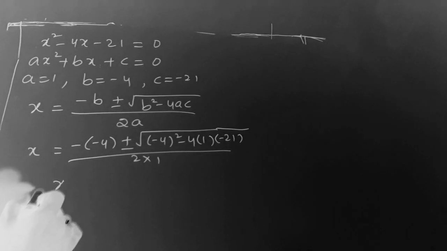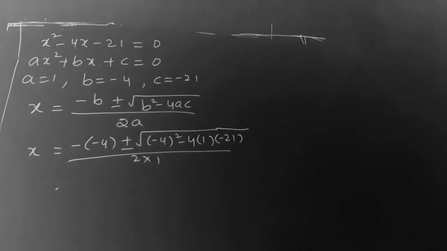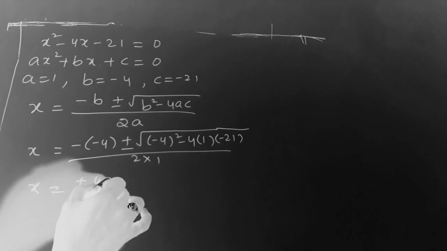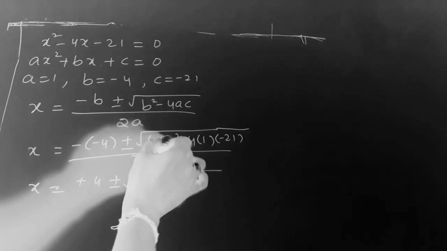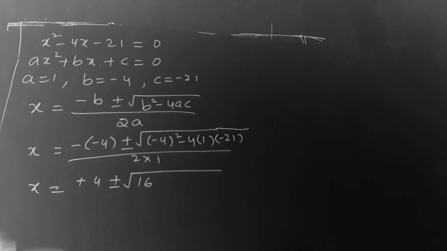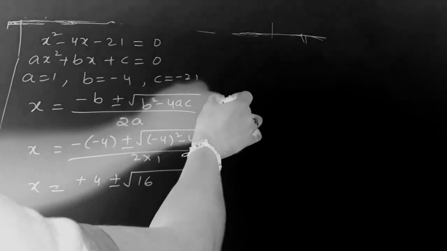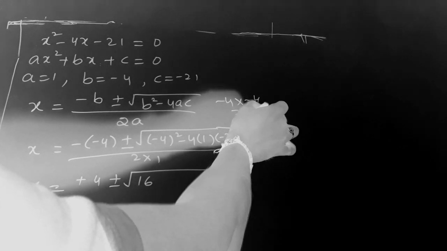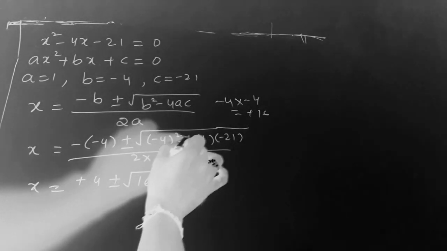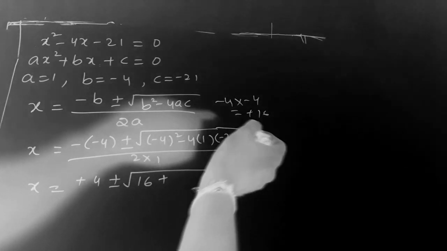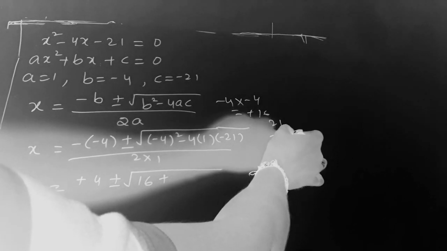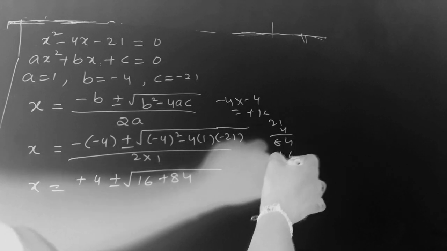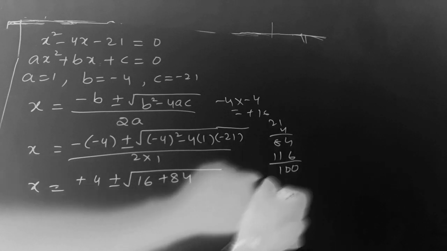So just you see here, x is equal to minus into minus will be plus 4, plus or minus under root minus 4 square is nothing but 16, minus 4 into 1 into minus 21. Minus into minus is plus, 21 into 4 is 84. Add these two, so 100 I am getting.